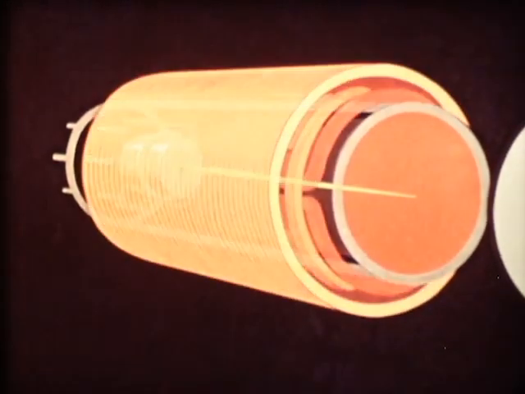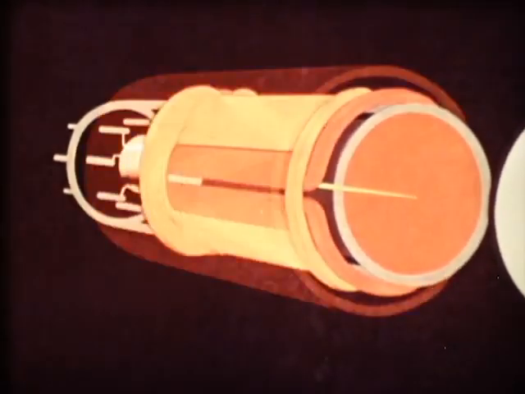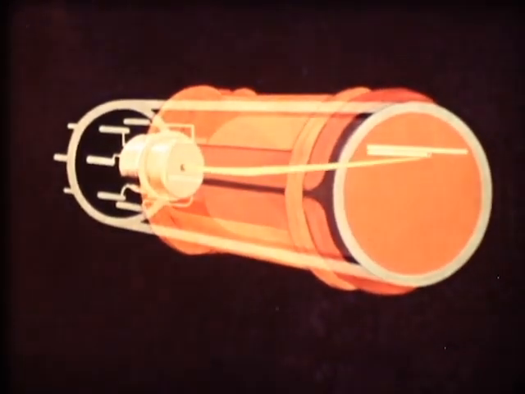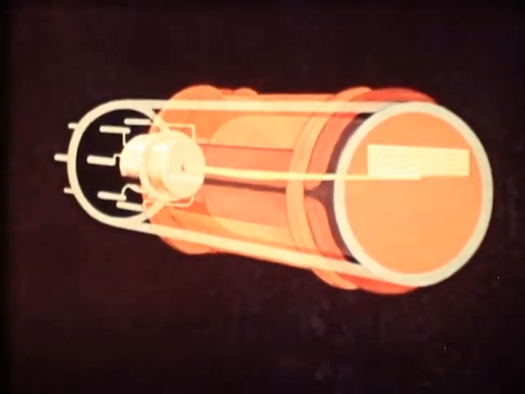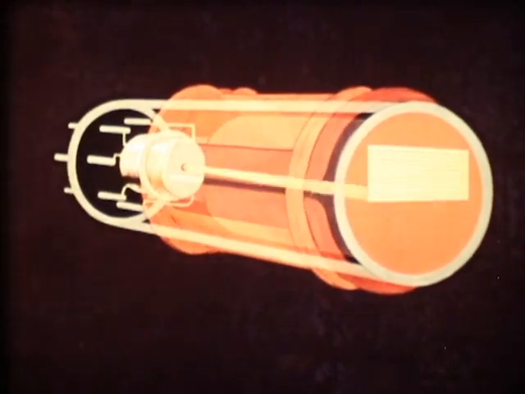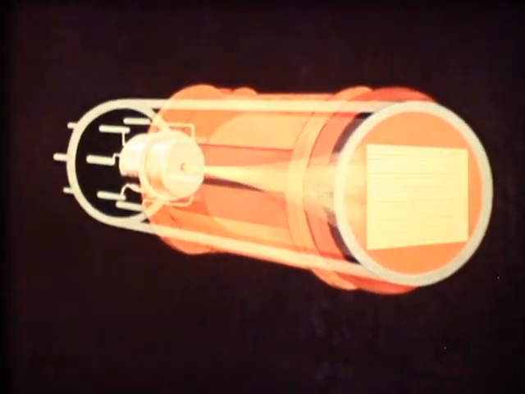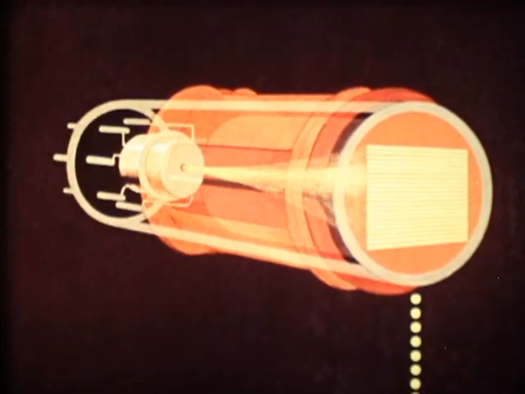Around the tube is a focusing coil and two deflection coils which cause the electron beam to scan the signal plate. The signal plate then transforms the incident light into a picture signal that can be fed to the transmitter.